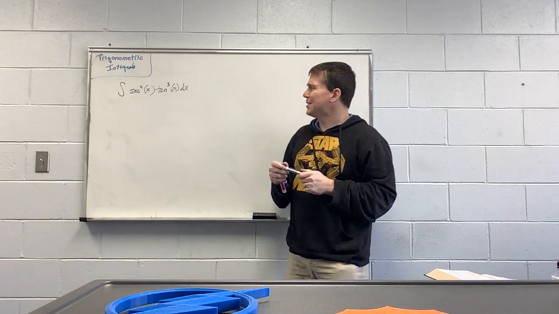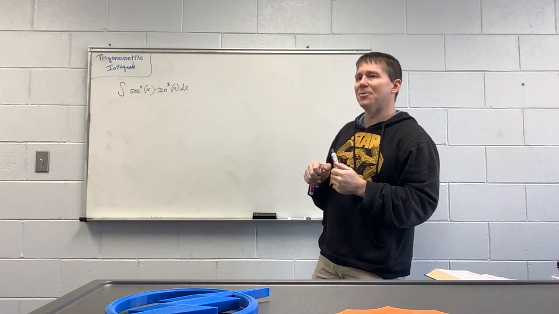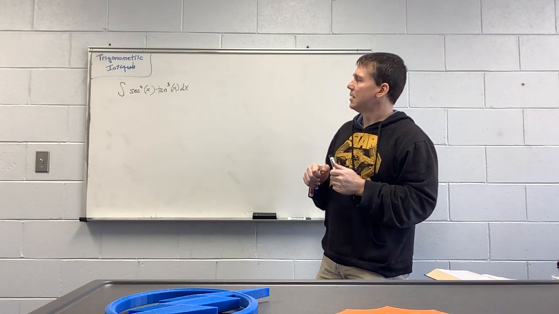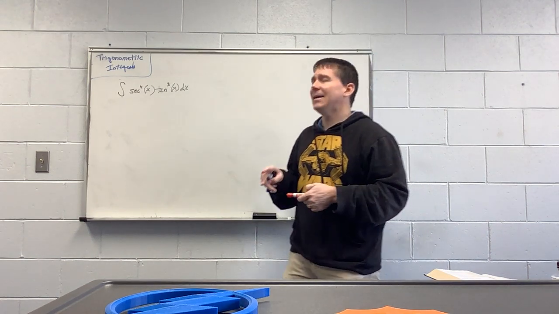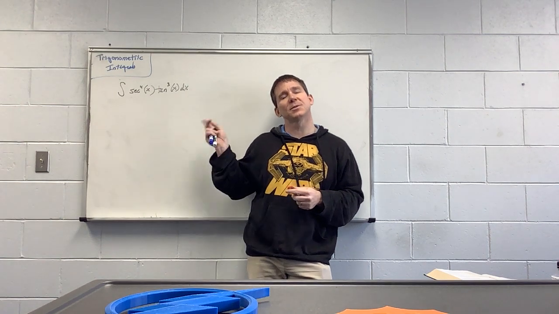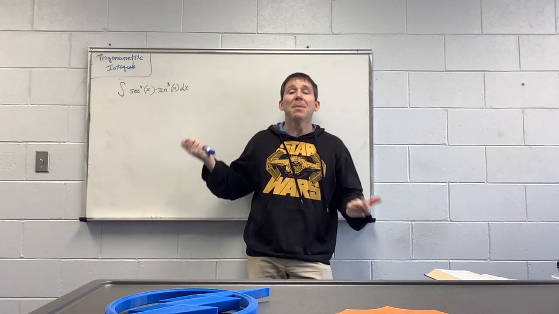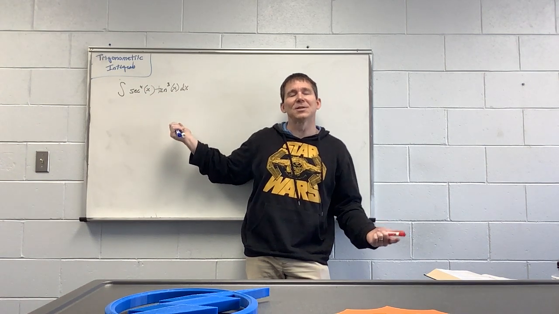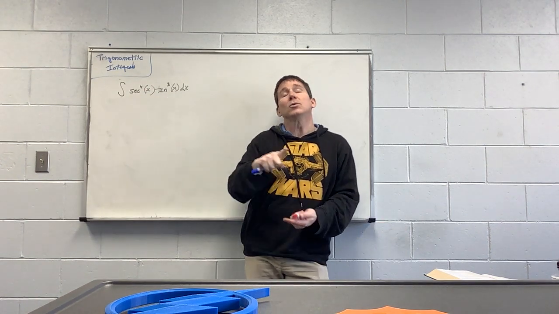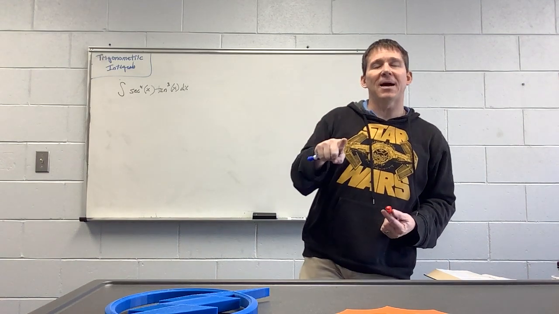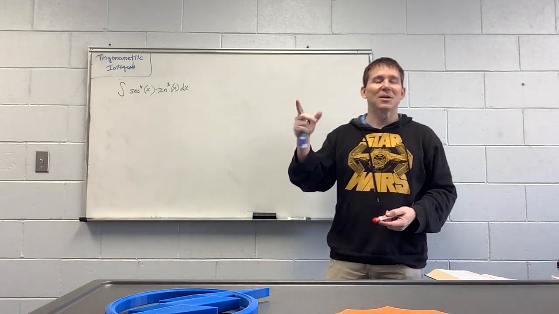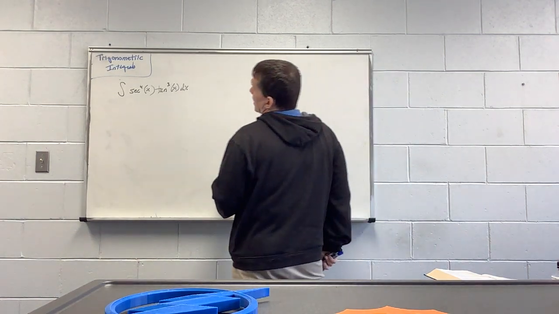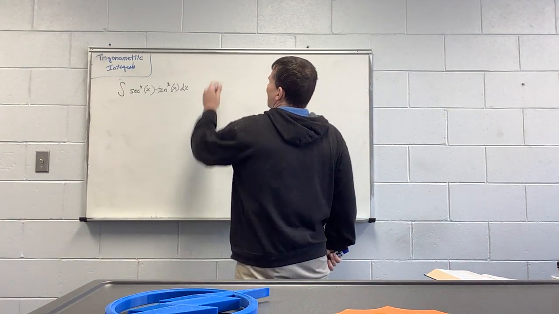I can try to write this in terms of sine and cosine and see what's left over. Or I can try to use the same trick in terms of tangent and secant. And by extension, if I had cosecants and cotangents, I could try to do the same thing. The only difference here is that the derivatives for sine and cosine are straightforward, but with tangent and secant they're a little bit more involved.